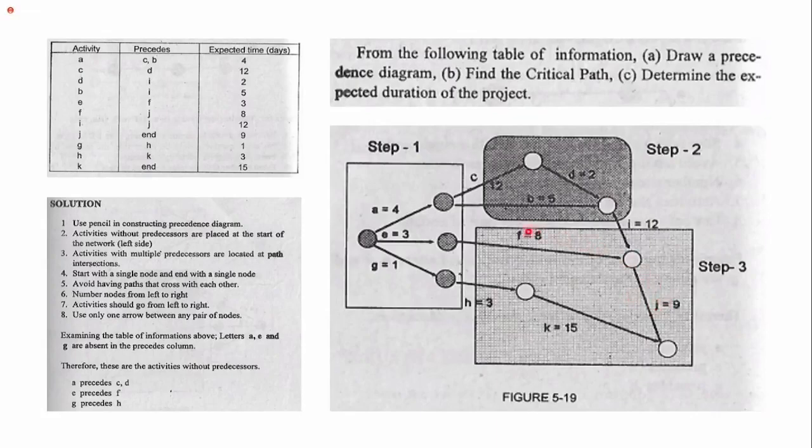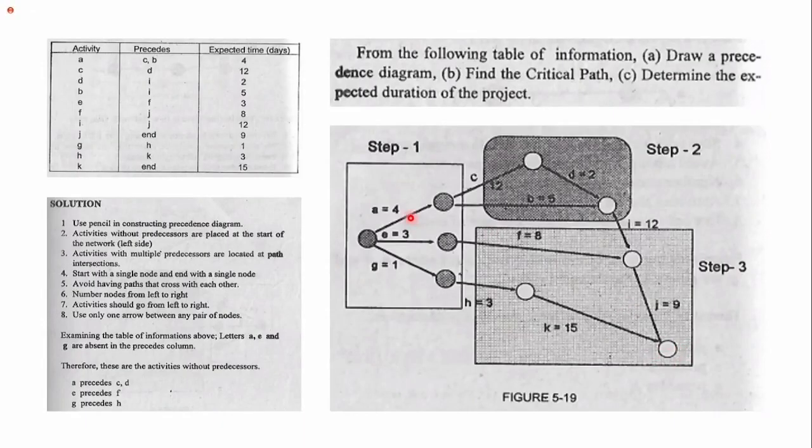So the end activity is J. And also, I precedes J. So F and I both arrive at J. Then G precedes H, and since nothing comes before G, the next is H, where H precedes K. After H comes K, and K is also an end activity. So all in all, they arrive at this node.